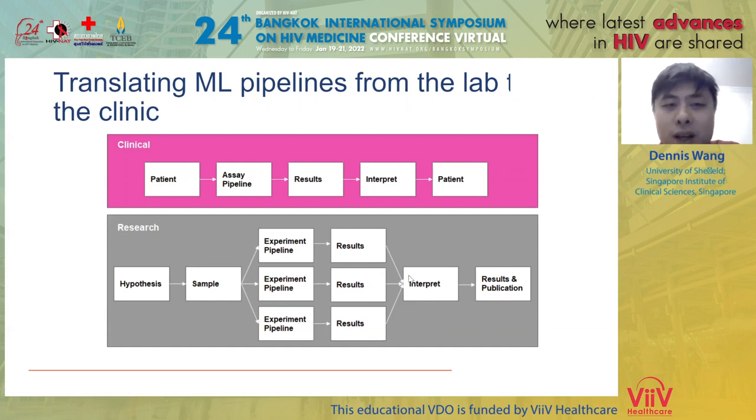So a lot of the obstacles we need to overcome is trying to determine, out of these experimental pipelines that we might have published, which one would be best to roll out in a clinical setting.